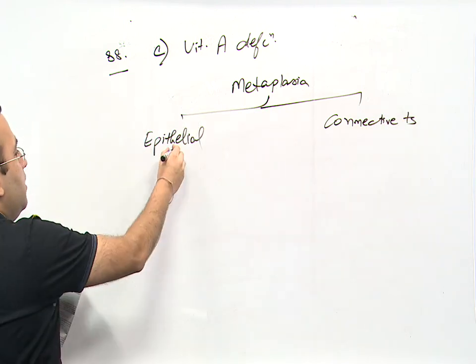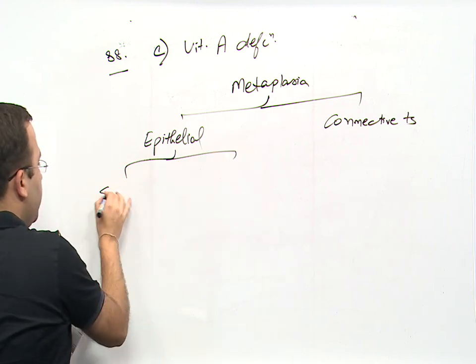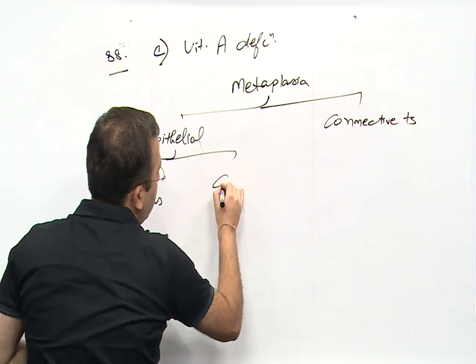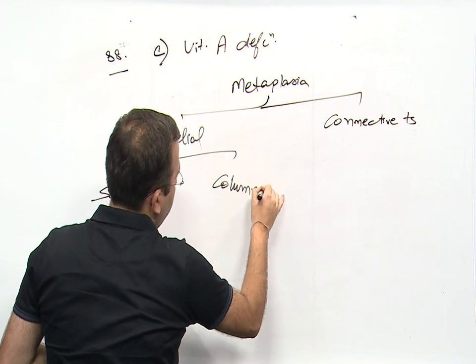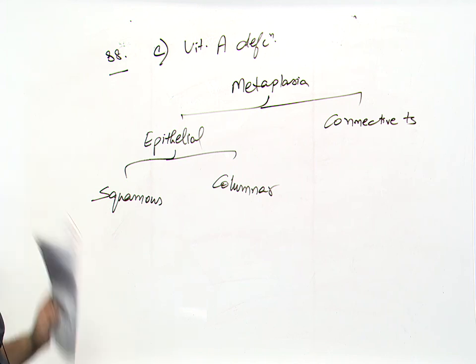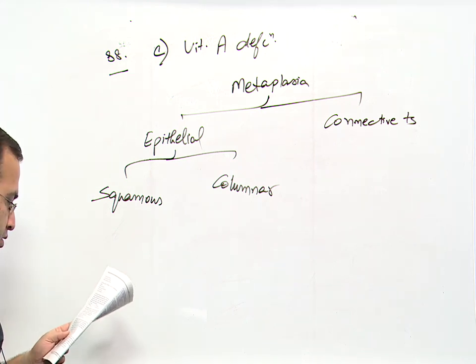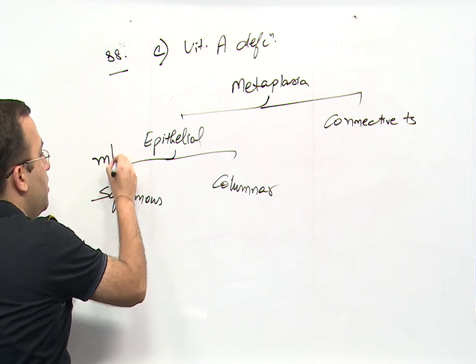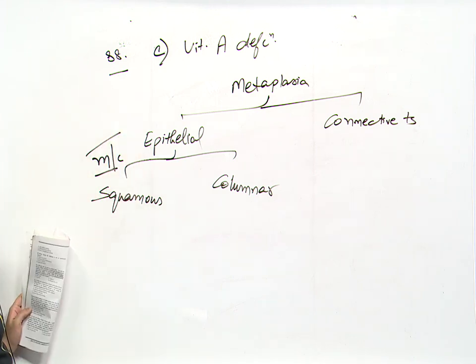Epithelial metaplasia is again of two main types, squamous and columnar. Which is more common? Squamous metaplasia.